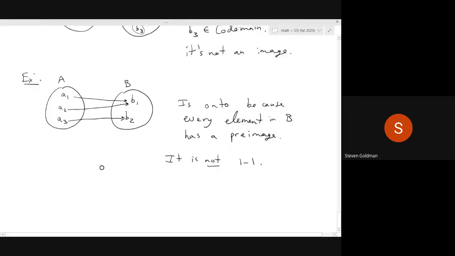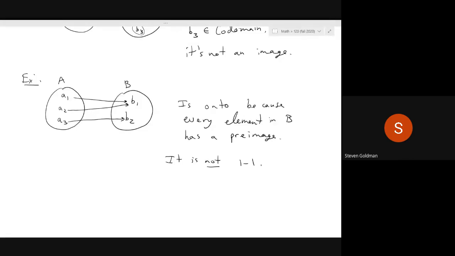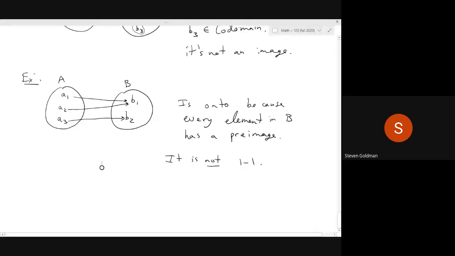Why is it not one-to-one? Again, two inputs give the same output. Right? F of A1 will equal F of A2. All right, so we could have functions that are onto but not one-to-one, functions that are one-to-one but not onto, functions that are both, and functions that are neither.